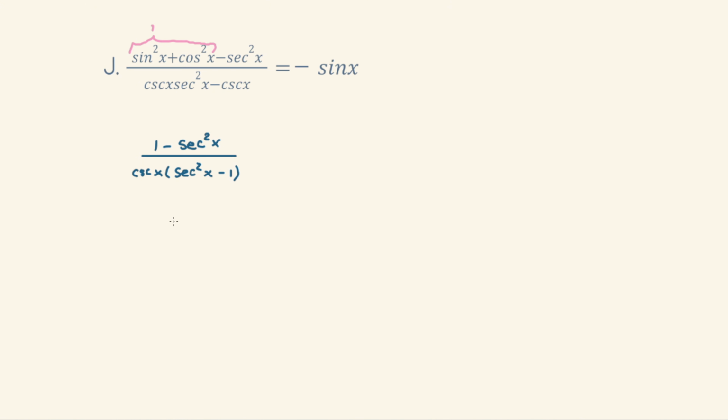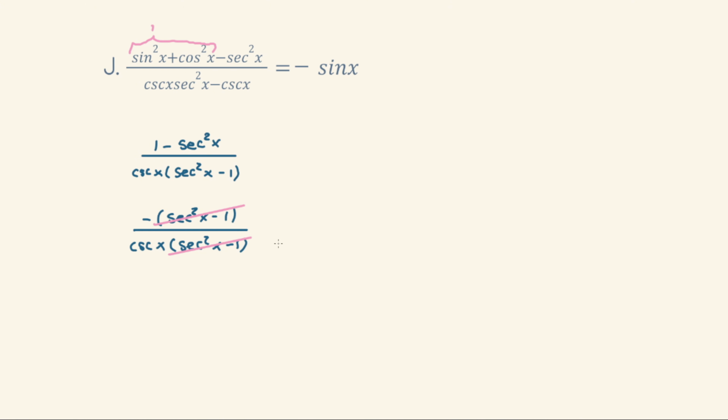So maybe what we can do instead is pull out a negative 1 here on the top. So that's going to be minus positive secant squared x minus 1. We just factor out a negative sign. And then in the denominator, we have cosecant x times secant squared x minus 1. And now these two things match. We can just cancel them out here like this, okay?